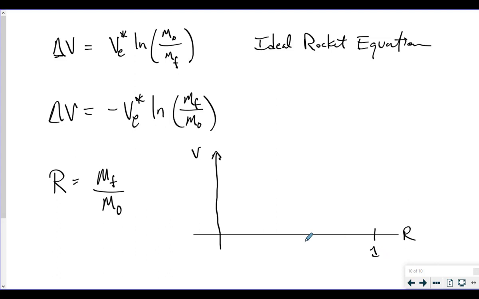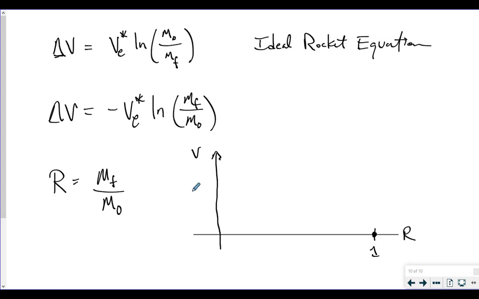That'd be like 100% of the final mass is 100% of the initial mass if they were equal, and that gives me an R of 1. And an R of 1, if you take ln of 1, you get 0. So we'd have 0 change in velocity if there was no change in the mass, right?